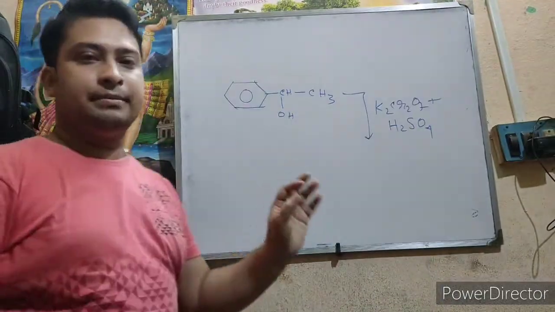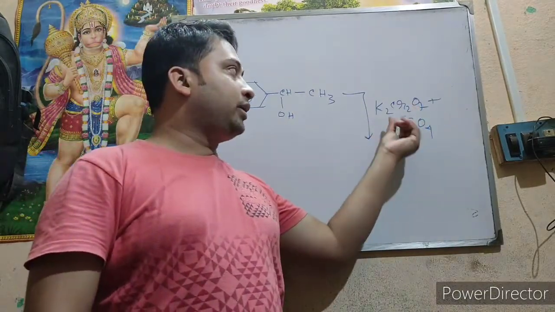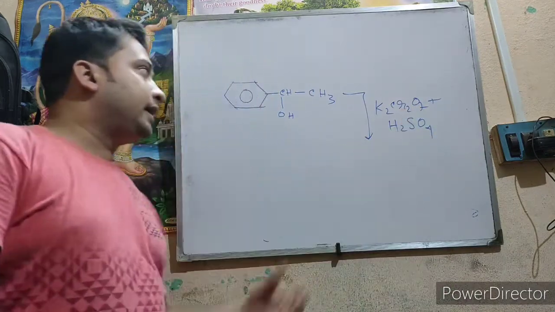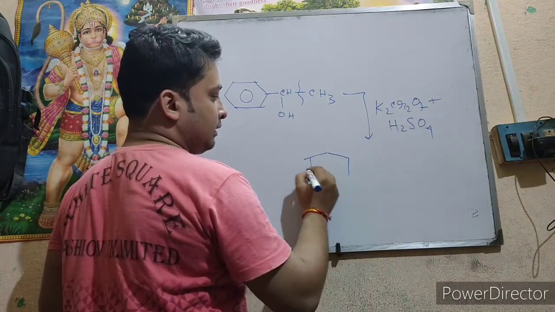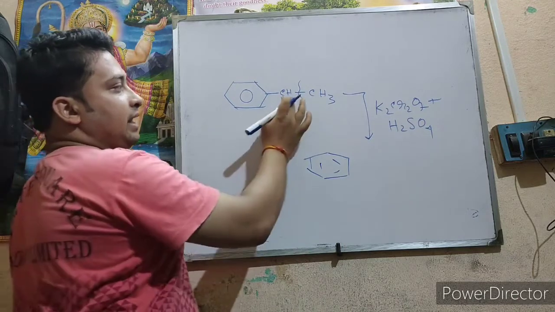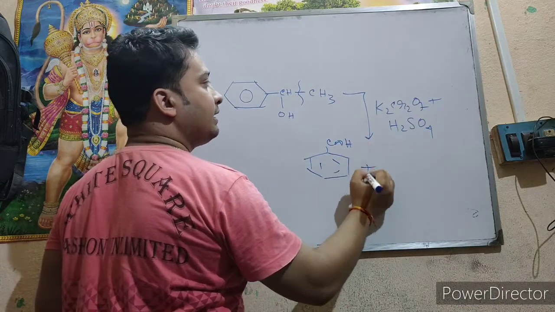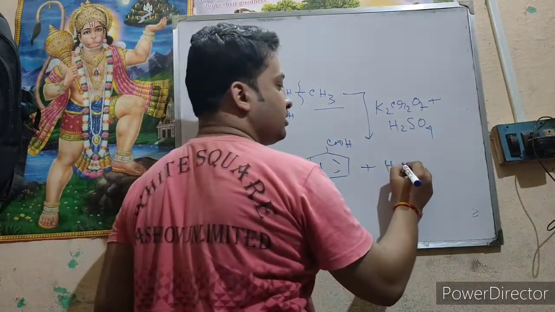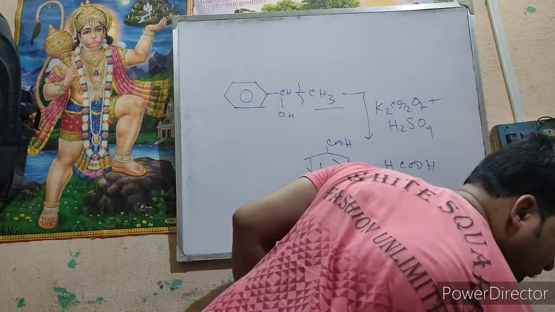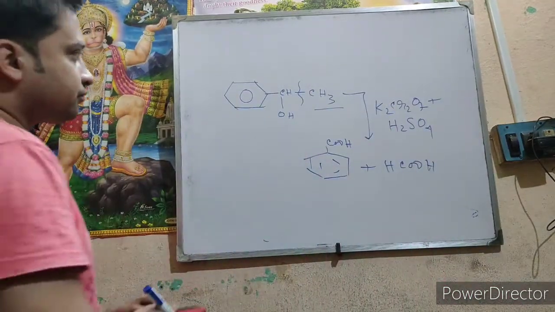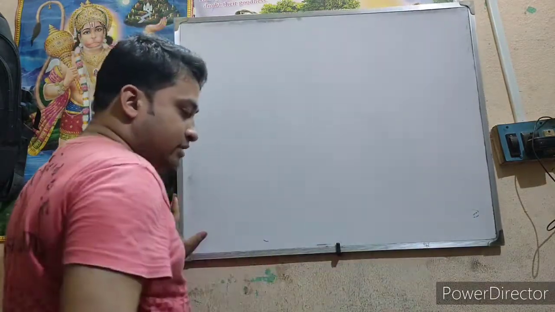Okay, very simple. We take any alcohol compound, then you oxidize it with K2Cr2O7 and H2SO4. So simply you break this bond. So you get this benzene group, and this carbon gives you COOH. So this is COOH, and this CH3 gives you HCOOH. So those are the products. Okay, clear? So those are the second degree alcohols.